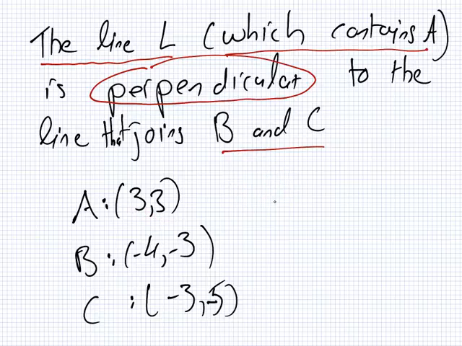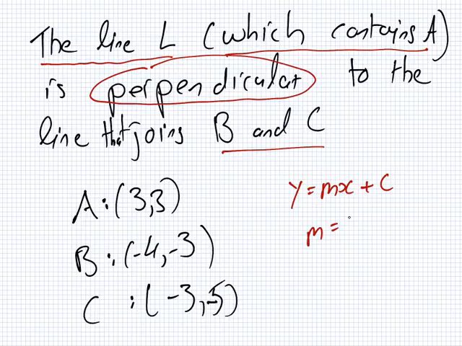So what should I do first? Let's have someone who's being quiet. Maybe Honey, you can tell me. Y equals... minus 3.